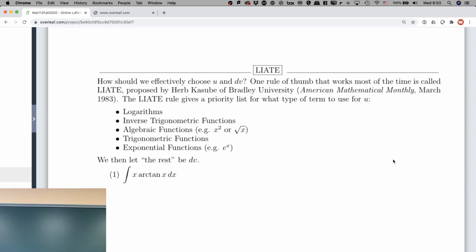Okay, so in 1983, I think it was, he published a short article in the American Mathematical Monthly, which is a periodical published by the Mathematical Association of America. It has a section on teaching tricks and things related to teaching mathematics. It's a two-page paper, but it introduces LIATE and gives a few examples of staple Calc 2 kind of problems.